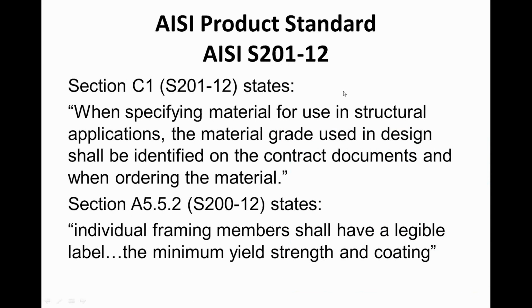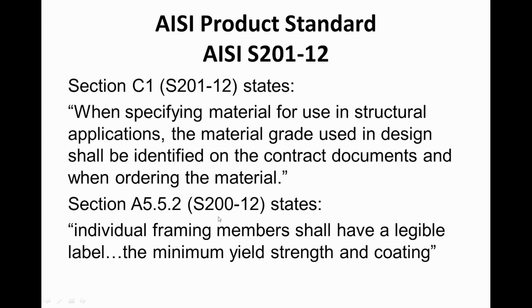S201, let's go back to this yield strength for just a moment. In S201, the 2012 edition, which will be activated or referenced by the IBC 2015, which is coming on us very quickly. So S201-12 states, when specifying material use in structural applications, the material grade used in design shall be identified on the contract documents and when ordering the material.